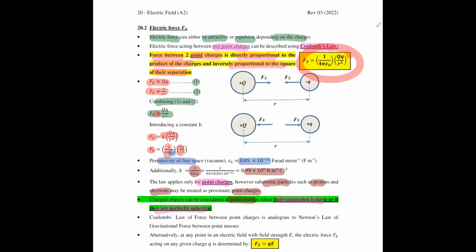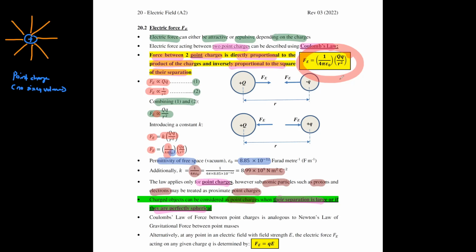So let's just consider this little example here first. If you're talking about a point charge, say this one is your positive point charge. Just now I told you it should not have any size or volume, right? It's just a point that carries a charge. So if it's a positive point charge here, your field lines will be radial.